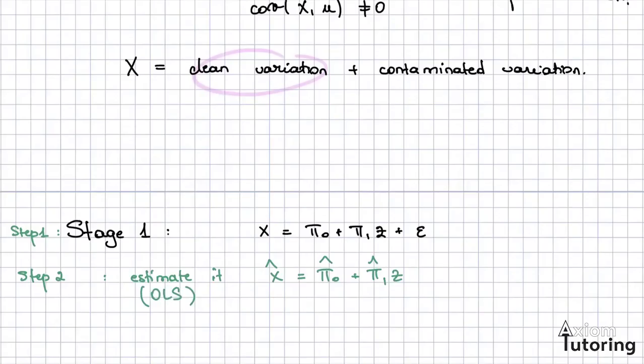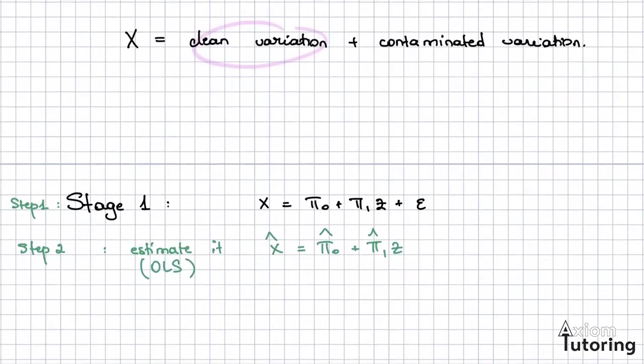Keep in mind, the first stage is asking the question: how much of the variation in X can be explained by the instrument?